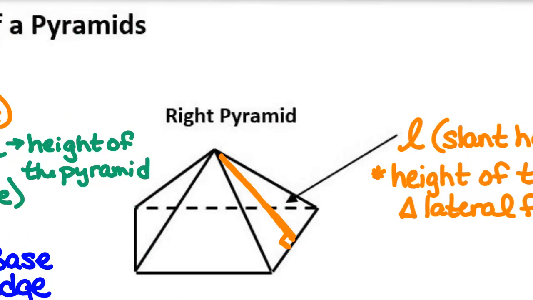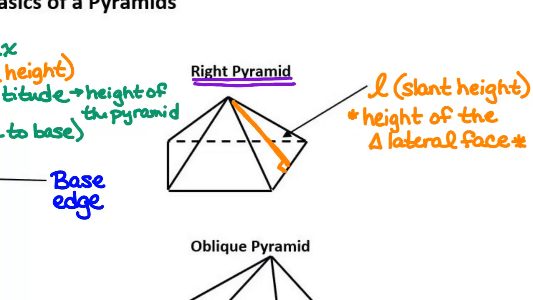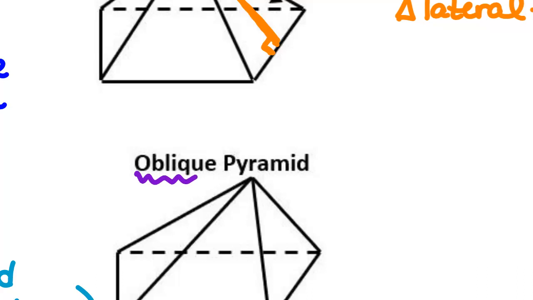All right, and then very quickly, types of pyramids. We have a right pyramid, and then we have all the other pyramids, which we call oblique pyramids. An oblique pyramid literally just means it is not a right pyramid.